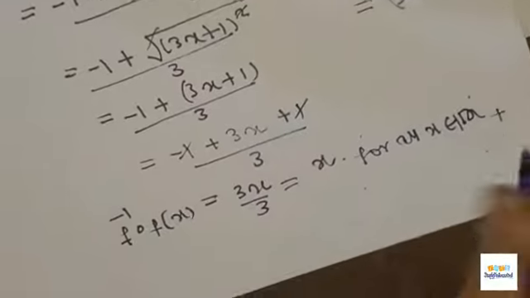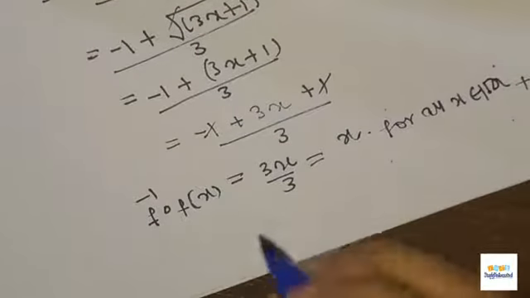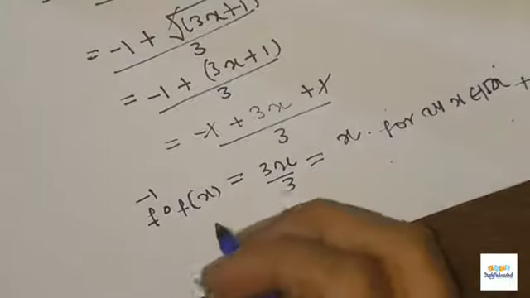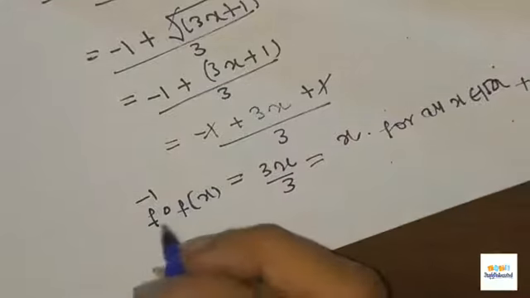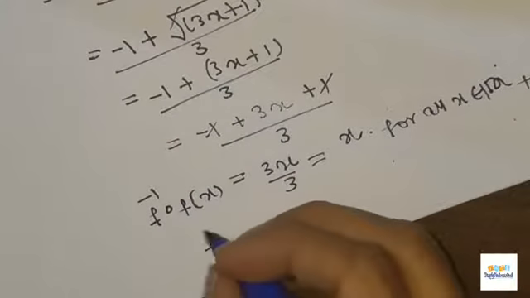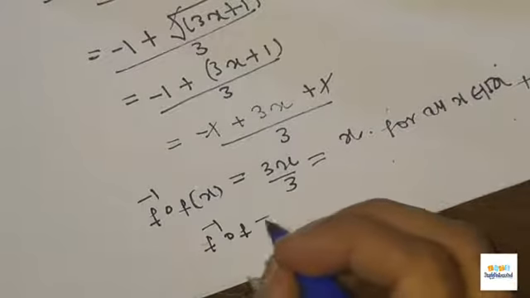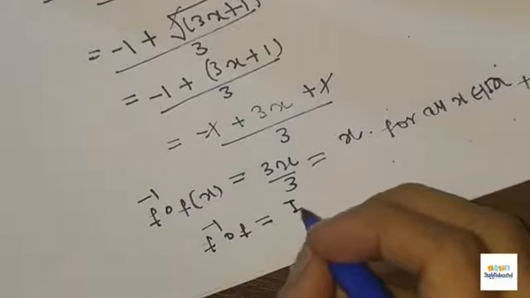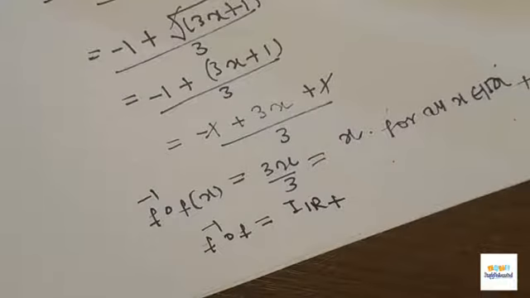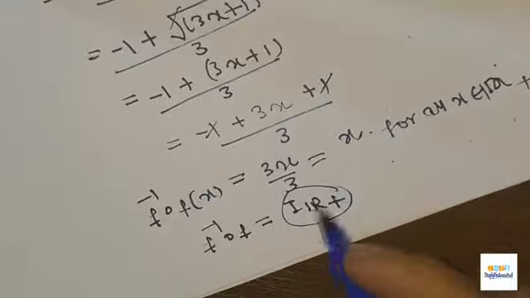Now what is the meaning of this? F inverse composition f is equal to x for all x belonging to R plus. That means this function f inverse composition f is equal to I suffix R plus, because the definition of this function is exactly this. So this function should be equal to this.